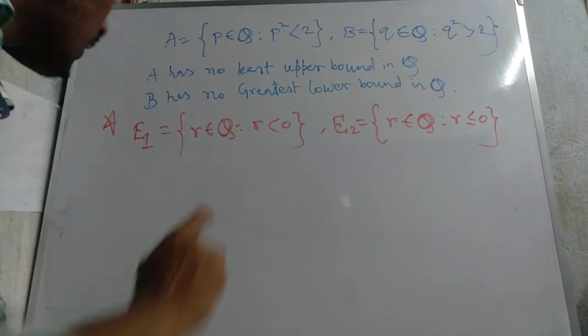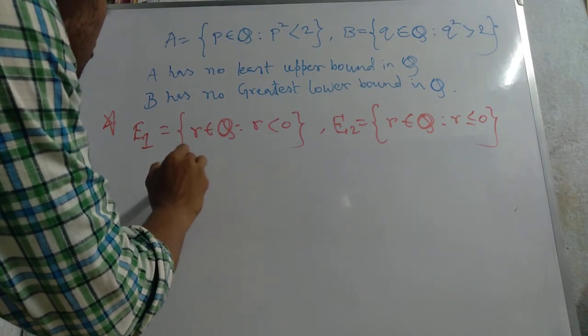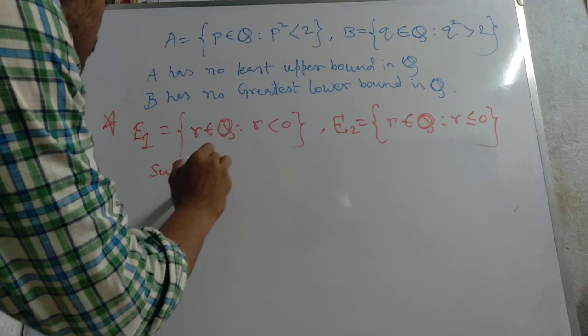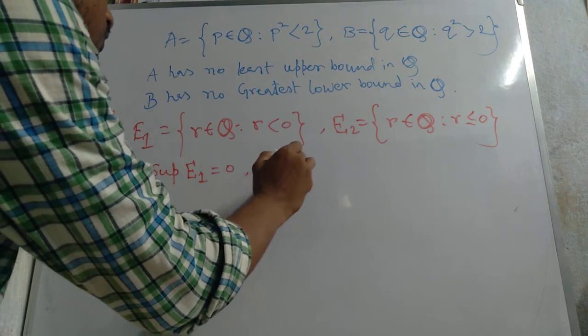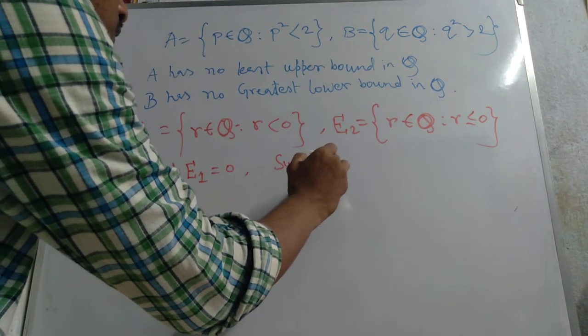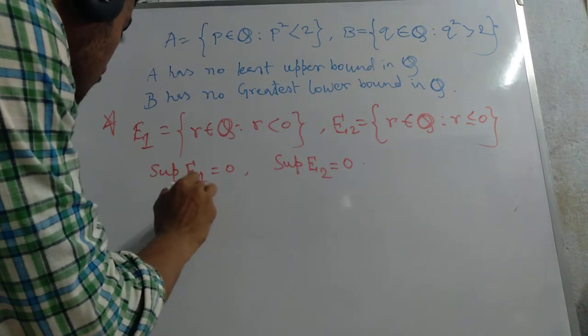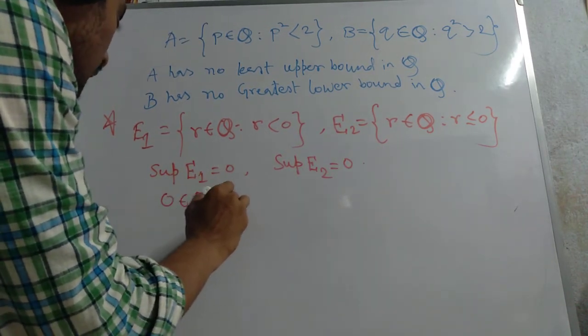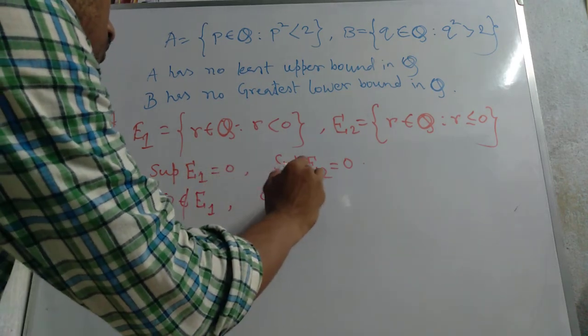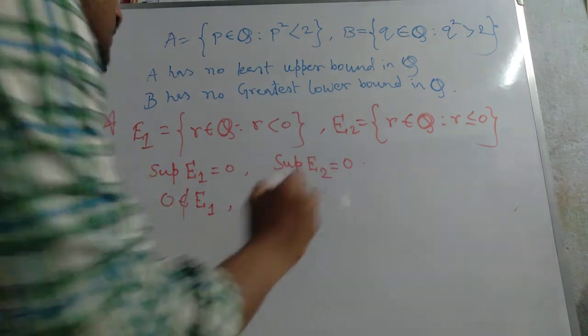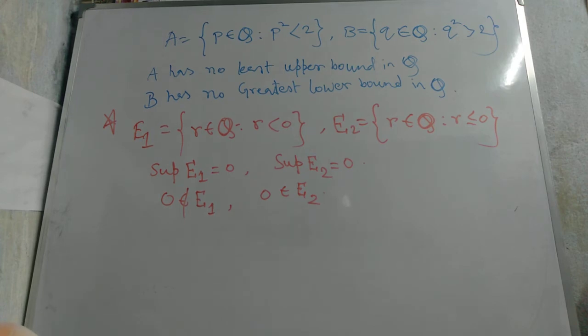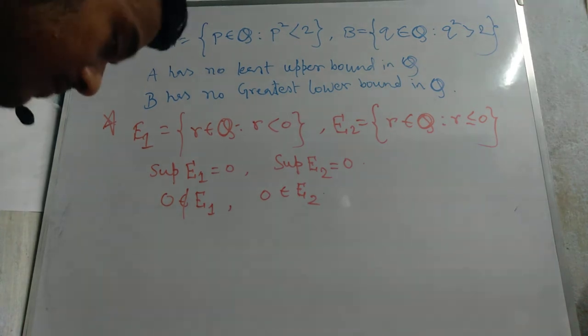Then we find the supremum of E1 equals 0 and the supremum of E2 equals 0. But 0 does not belong to E1, while 0 belongs to E2. That means one set contains its supremum and the other set does not. This is an important example.